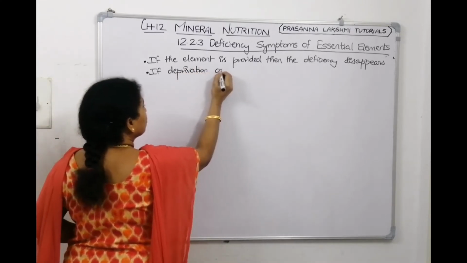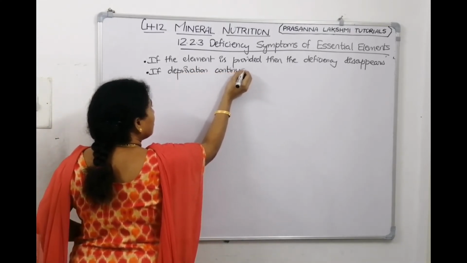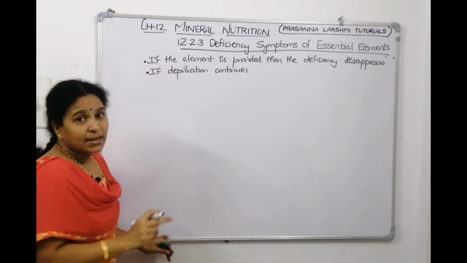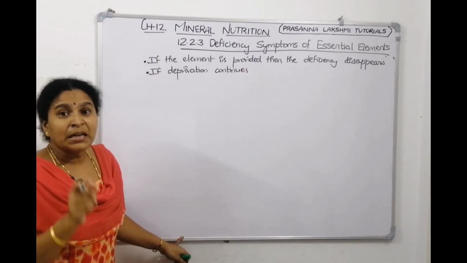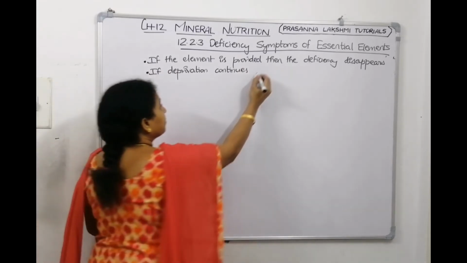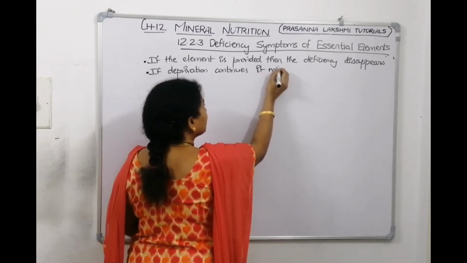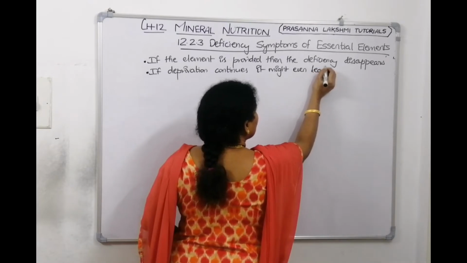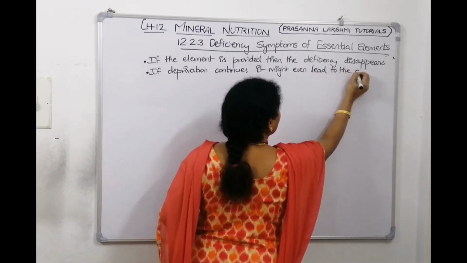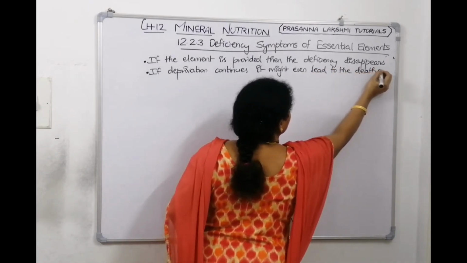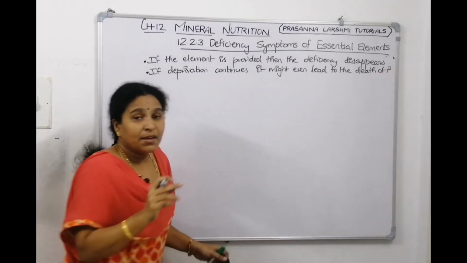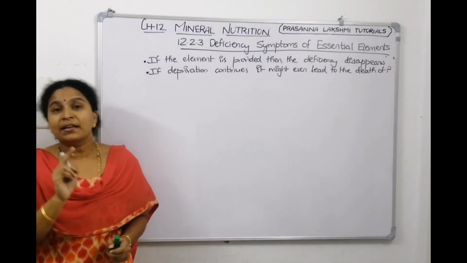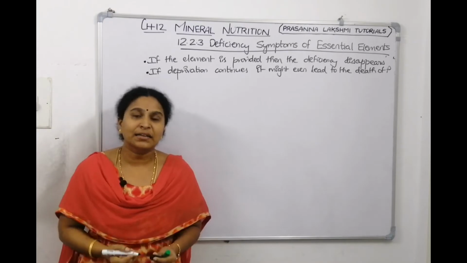If the deficiency continues, it might even lead to the death of the plant. The plant can even die if you don't give back that element.